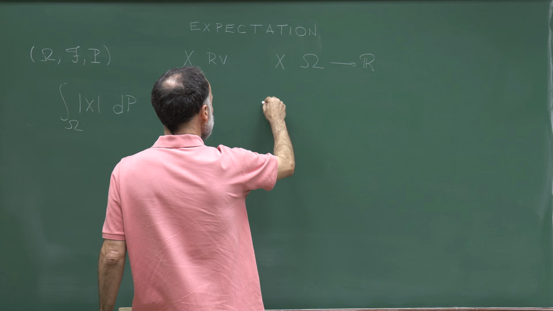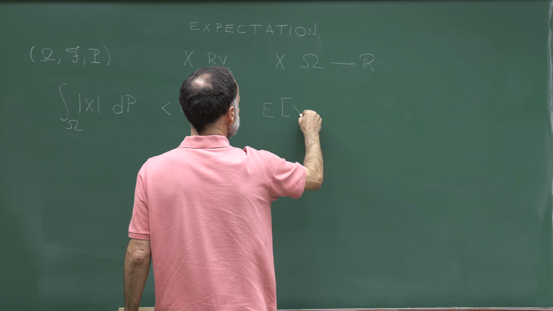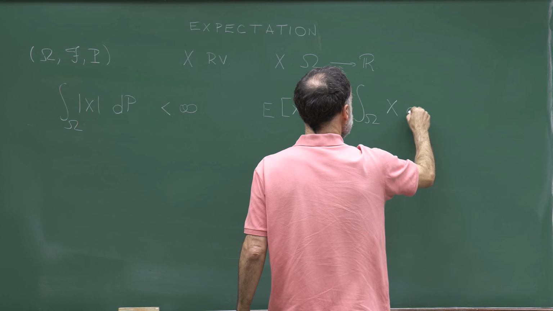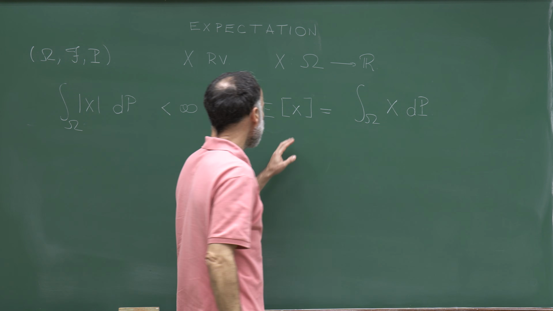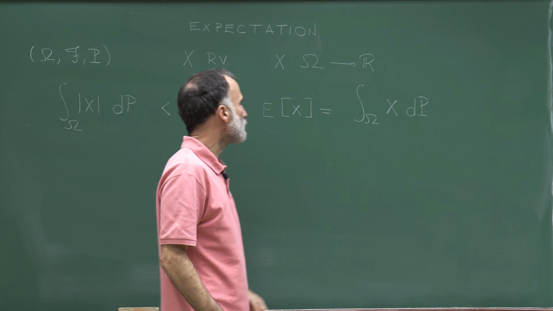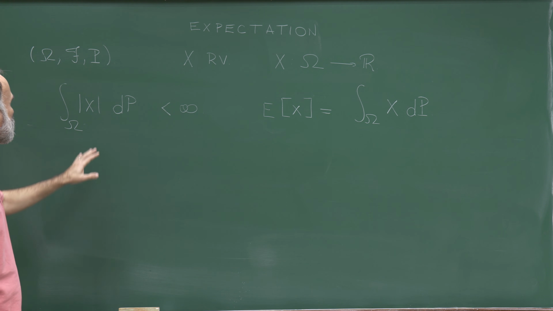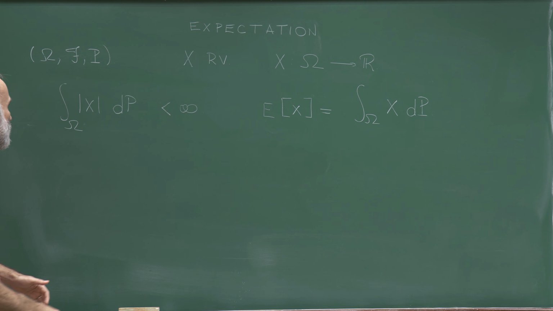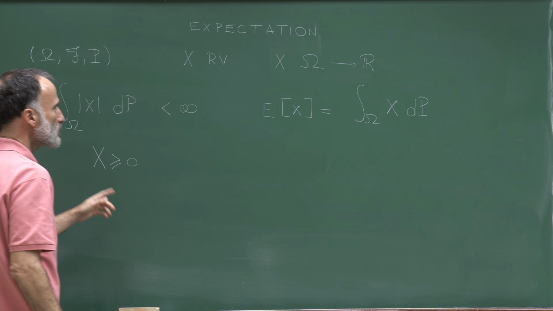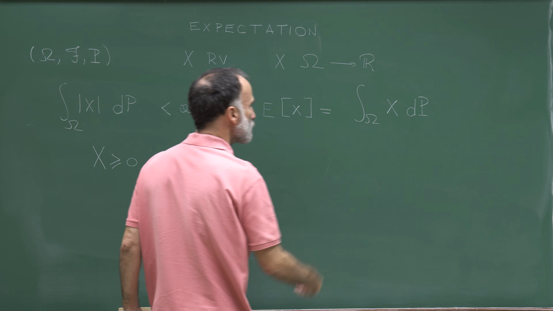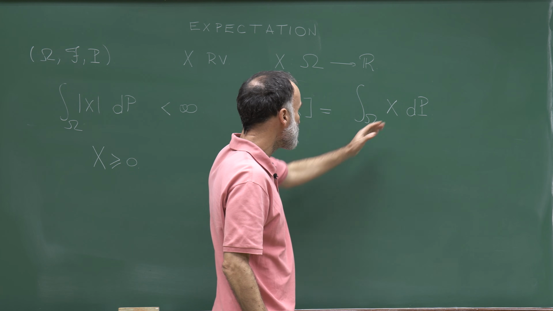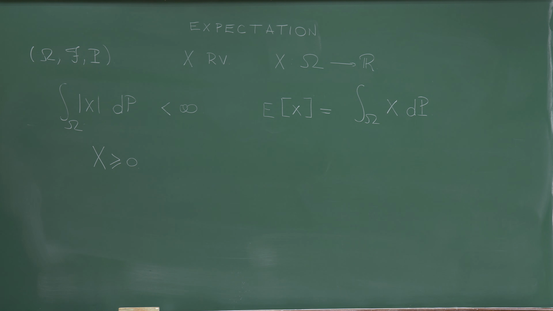In this case, I will define the expectation of x as the integral of x dP. So the expectation of x is just the integral of x with respect to the measure, and this is well defined if x is integrable. It's also well defined if x is a non-negative random variable. If x is non-negative, I can also define the expectation through this formula because this is always defined. Of course, it can take the value plus infinity, but it's certainly well defined.